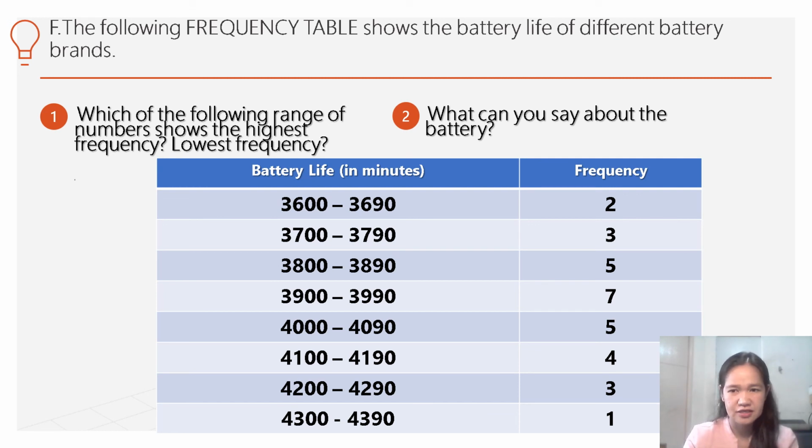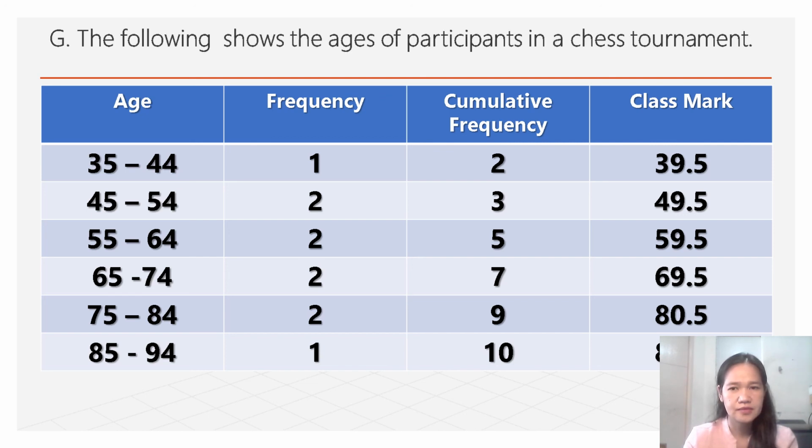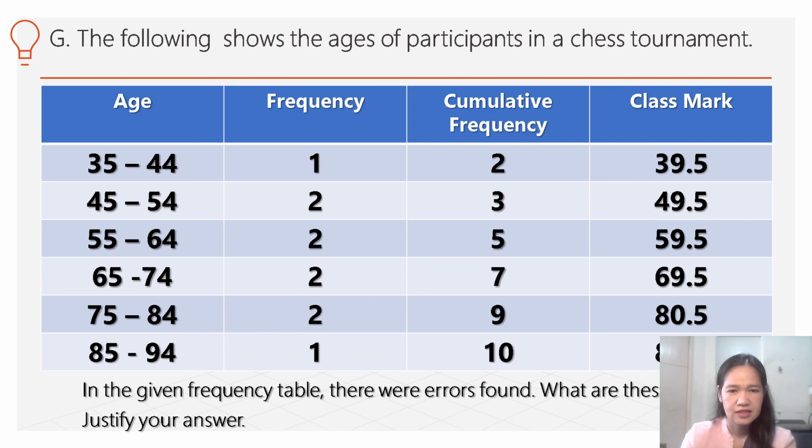Explain your answer. The following shows the ages of participants in a chess tournament. In the given frequency table, there were errors found. What are these errors? Please justify your answer.